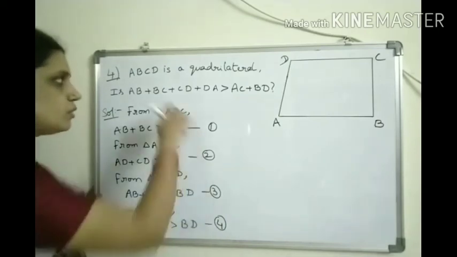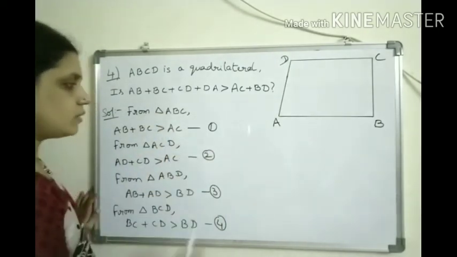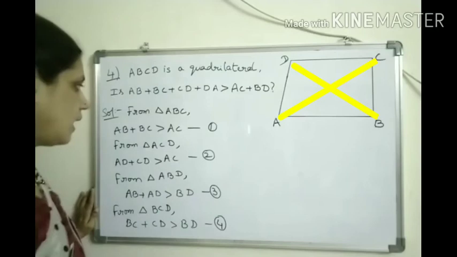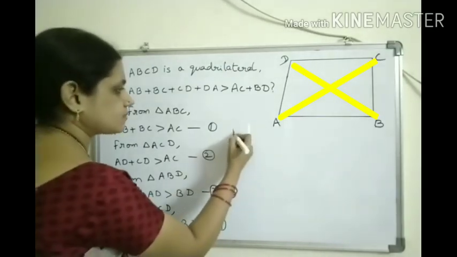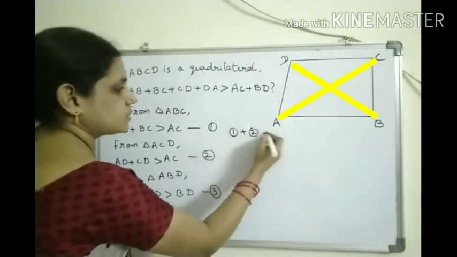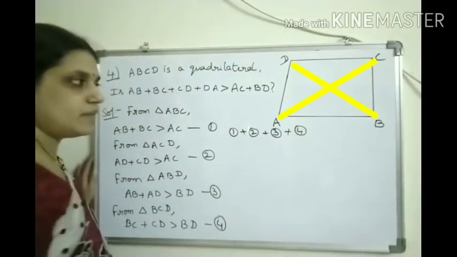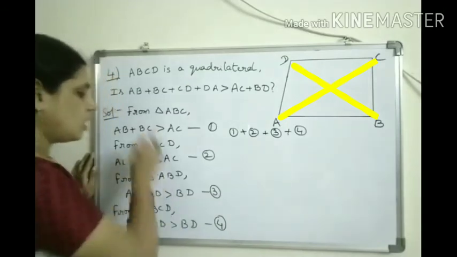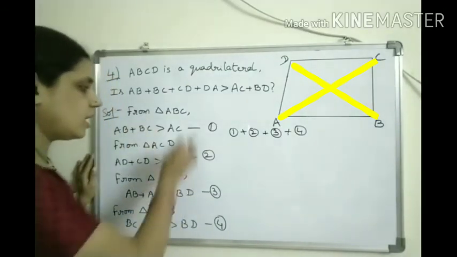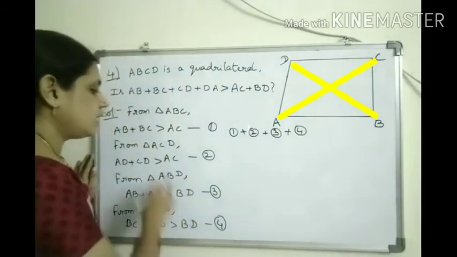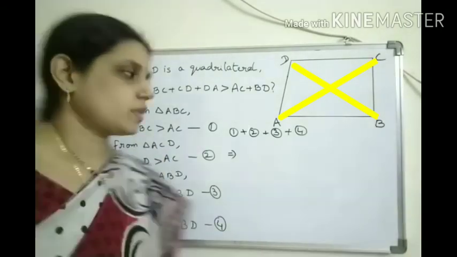Now to prove the given one, what we have to do is all the four inequalities we have to add. So by adding 1 plus 2 plus 3 plus 4. Just like in the previous sum also we have seen, all the LHS if you add and all the RHS if you add, then also the greater than sign will hold.